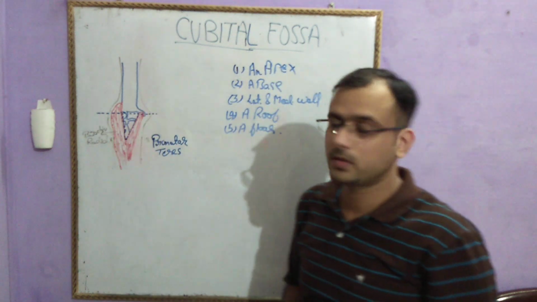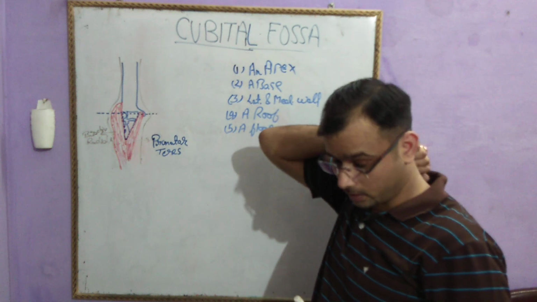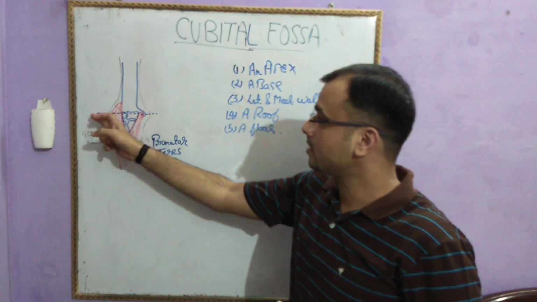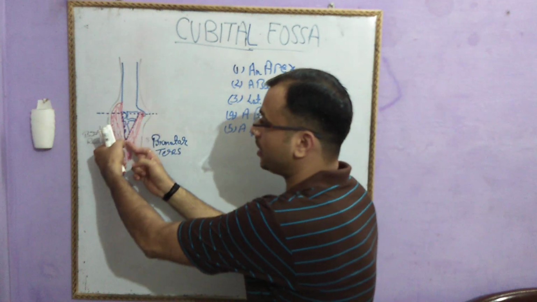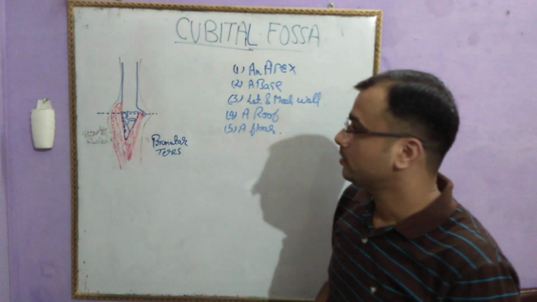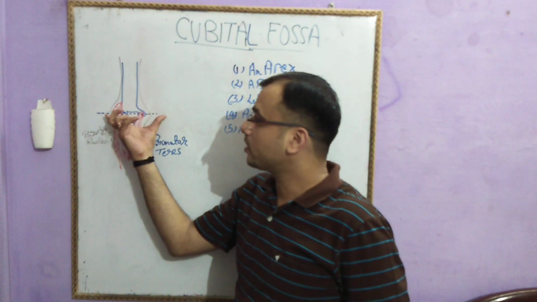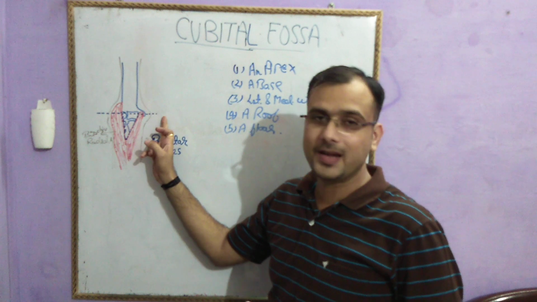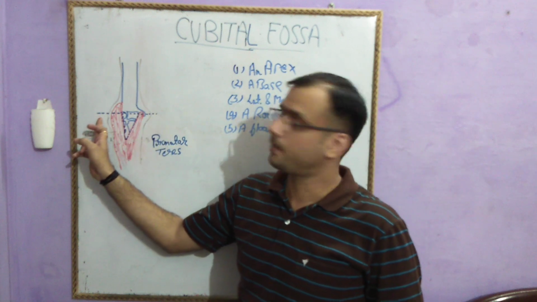If we talk about the boundaries of the cubital fossa, it has an apex, a base and two walls, lateral wall and medial wall. The base of the cubital fossa is formed by an imaginary line drawn from the medial epicondyle up to the lateral epicondyle.